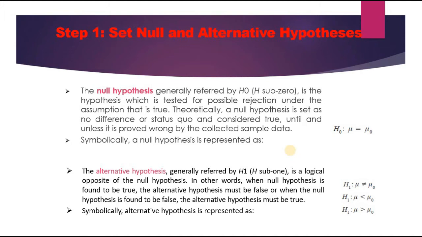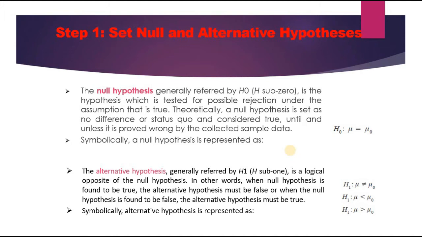So if I say mu equals the H naught value, where mu is the population parameter, say the mean household income is $10,000 or a lakh of rupees, then I would frame my null hypothesis as mu equals $10,000 or 1 lakh rupees. That becomes my null hypothesis, and it is tested to reject. I deliberately want to prove that this is wrong.